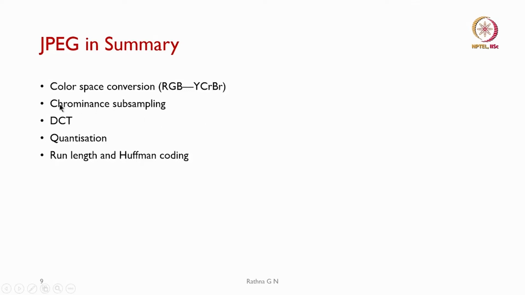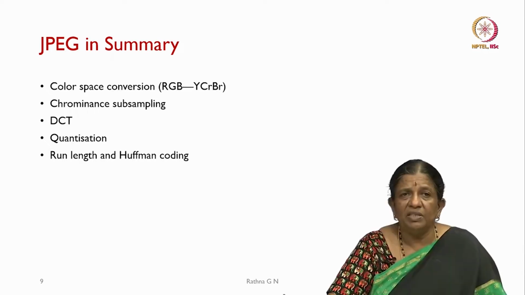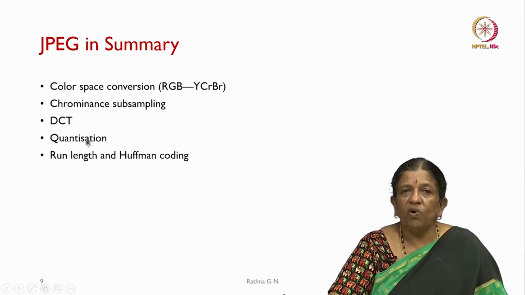First we do a color space conversion, from RGB to luminance and chrominance, that is Y, Cb and Cr, and then the chrominance subsampling is going to happen. Then later on we are going to do the DCT. We know that just the DCT is not going to give us a reduced size of the image, so later on we will go for the quantization.